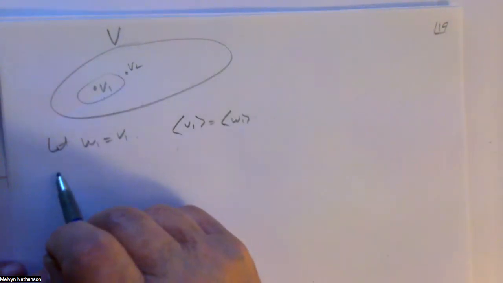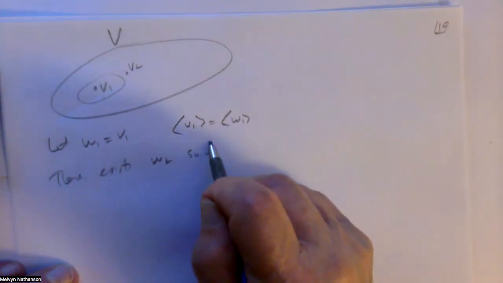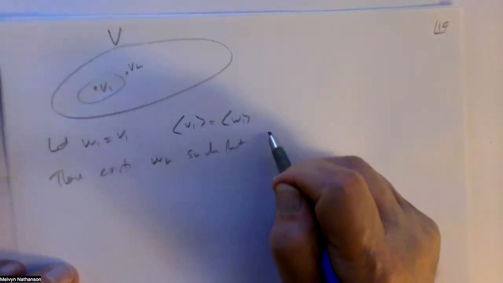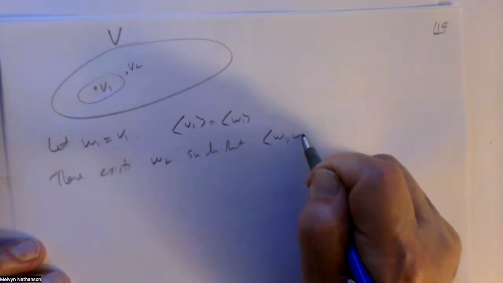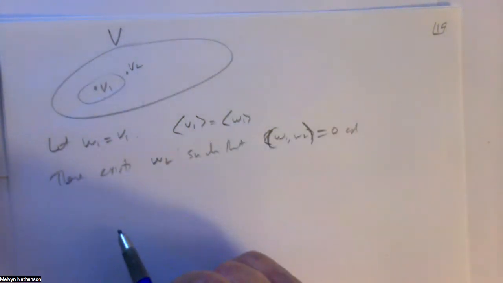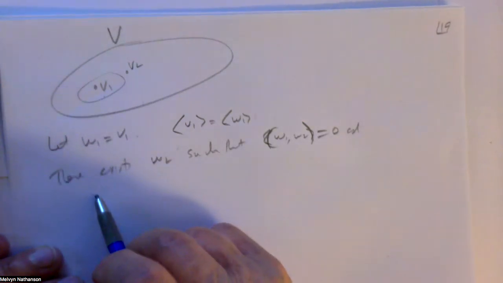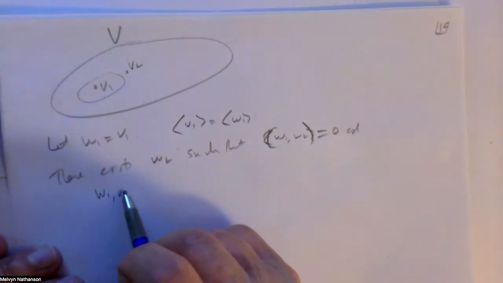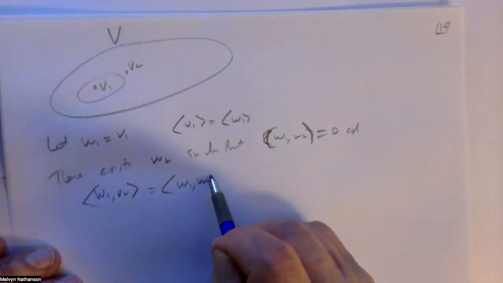By the lemma, there exists a vector W2 such that W1 and W2 are perpendicular, and the subspace generated by W1 and V2 is the subspace generated by W1 and W2.